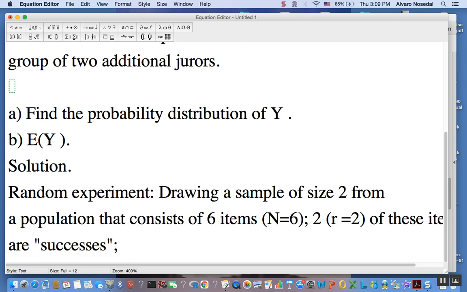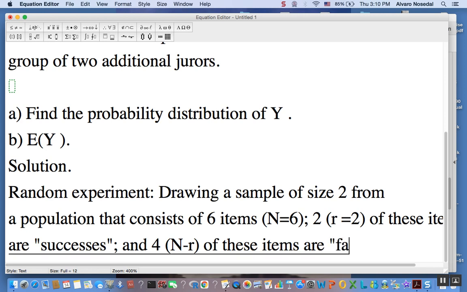And it makes sense that N minus r represents the items considered as failures, which in this case is 4, and 4 of these items are failures.